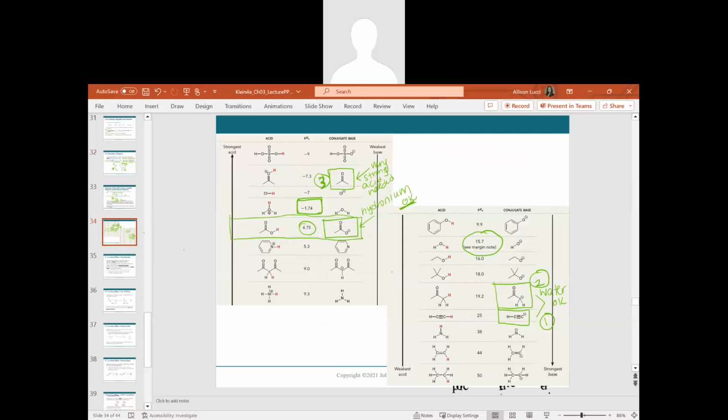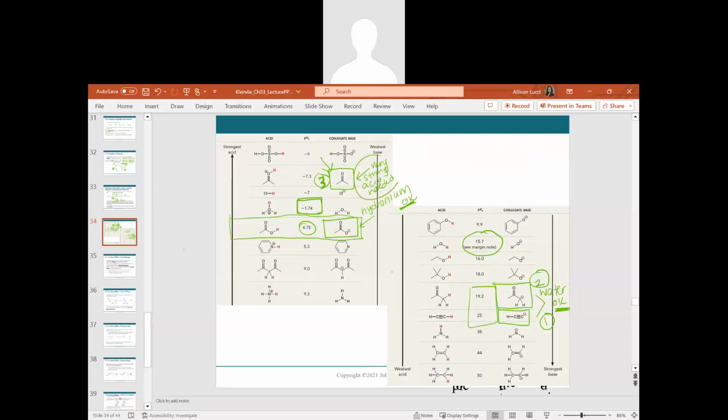Okay, so 1 and 2 are below water, so they have higher pKa values, and therefore they will be weaker acids than water. So we could say that for 2 of those species out of the 4, water would be okay to protonate. For the third, number 3, we see the conjugate base in this square up top here, and note that it has a pKa value of -7.3.